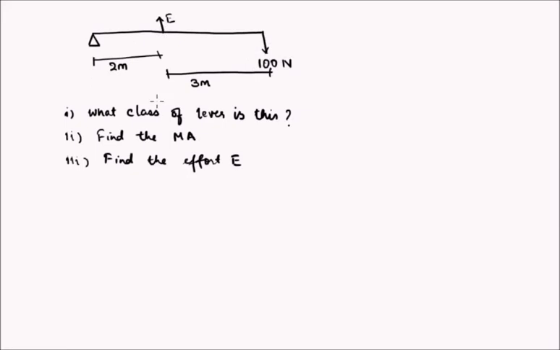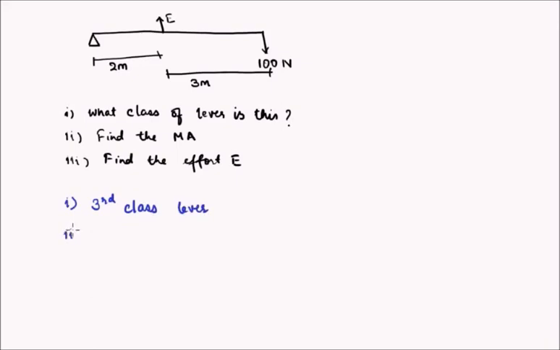So what class of lever is this? From the lecture we know that the third class of lever has the effort at the center. Since here the effort is at the center, this is a third class of lever.